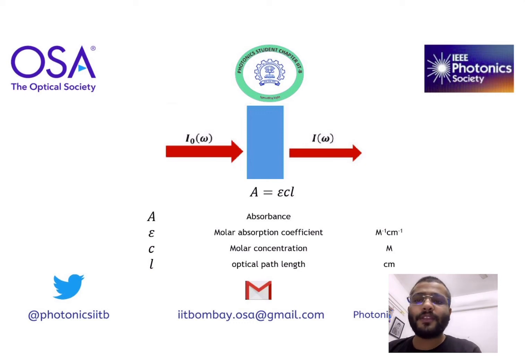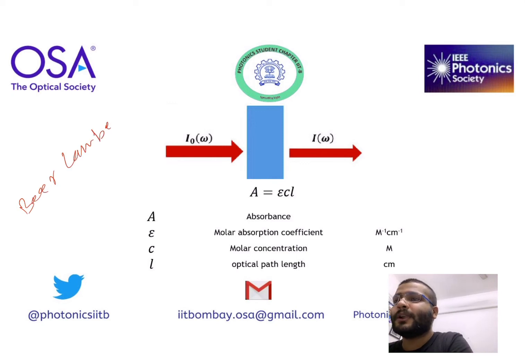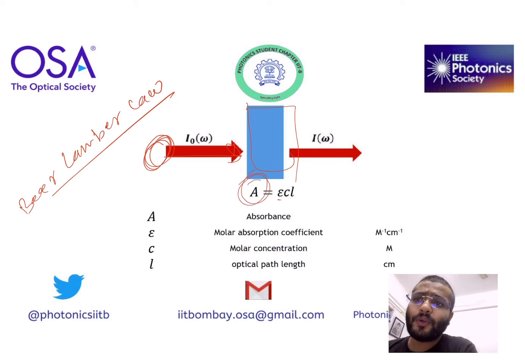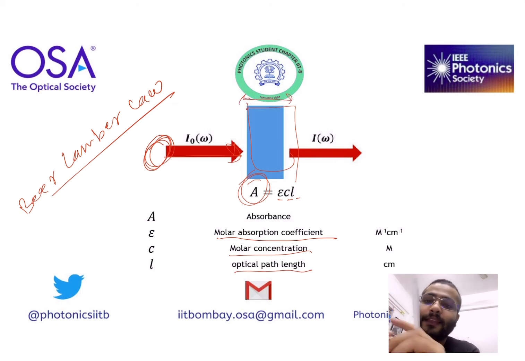This device works on a simple principle called the Beer-Lambert law. So what does this law say? If you have a light source and light is passing through a sample, then the absorbance in the sample is equal to epsilon C L, where epsilon is the molar absorption coefficient, C is the molar concentration, and L is the optical path, meaning the path traveled by light in the sample.